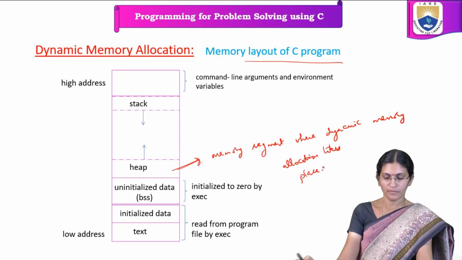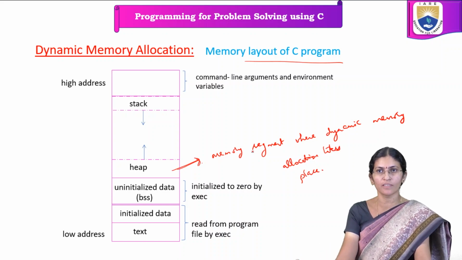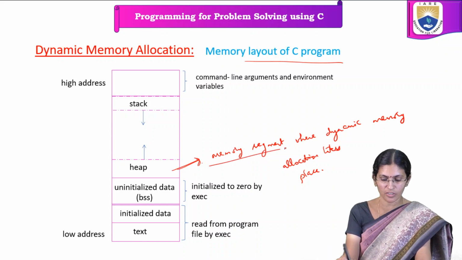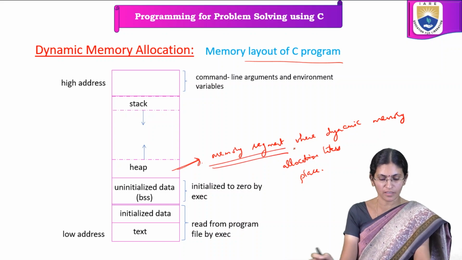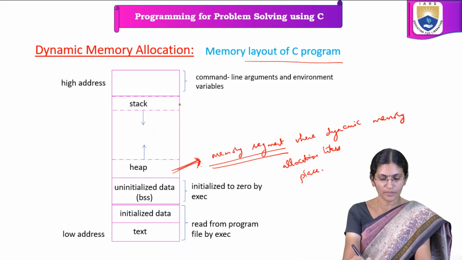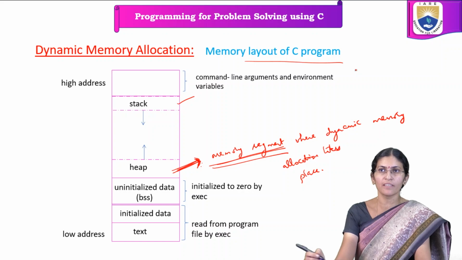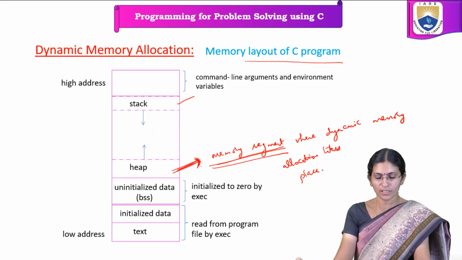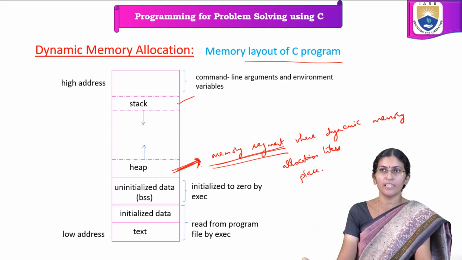Whenever we use dynamic memory allocation, the memory segment associated with it is the heap segment. These are the other segments. We have the stack segment. Unlike the stack segment, in the heap memory segment memory is allocated or deallocated randomly. It does not allocate or deallocate in any order. It is done randomly.